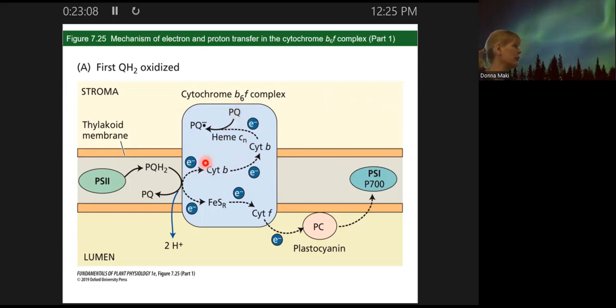So what you're seeing here with this first run, this plastoquinone comes and bumps and donates both its electrons. You see cytochrome B, plastoquinone. Well, okay, it's the same kind of plastoquinone that we already talked about. That plastoquinone is not happy with just one electron. Okay, it's unstable. It's not going to be able to do its job.